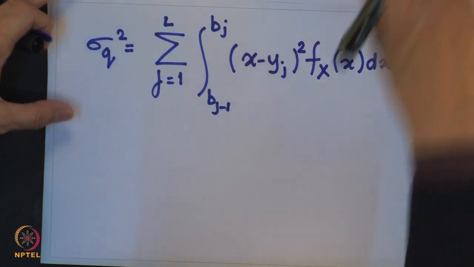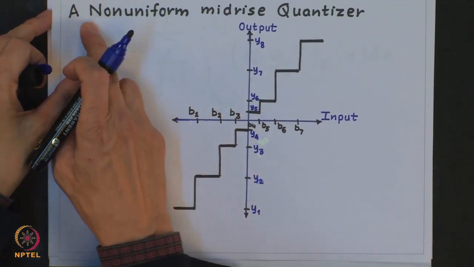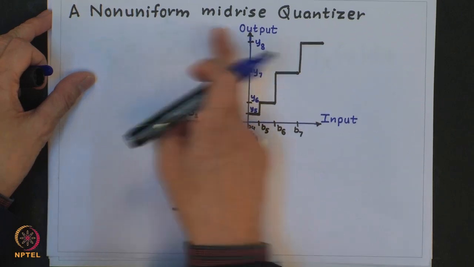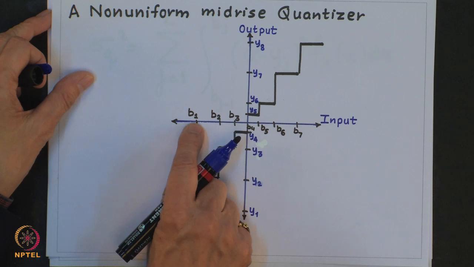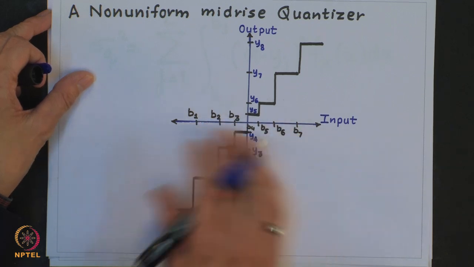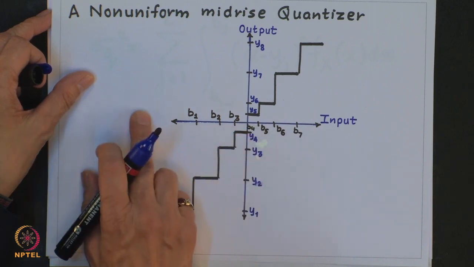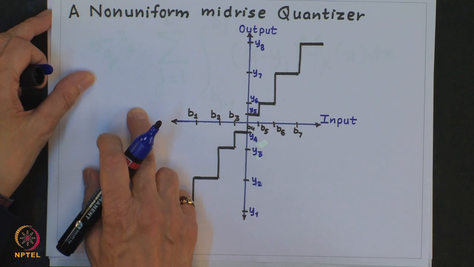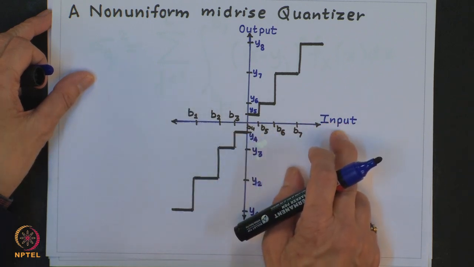So our problem is like this: the input-output mapping for the non-uniform quantizer, where we will assume a mid-rise quantizer. I have my decision boundaries B1, B2, B3, B4, B5, B6. It is going to be symmetric about 0, correct, a mid-rise quantizer. I repeat, B0 is assumed to be minus infinity, BL is assumed to be plus infinity.